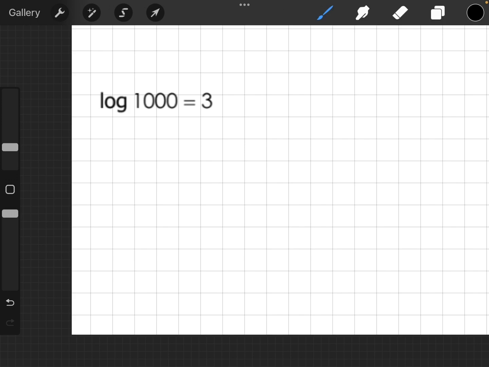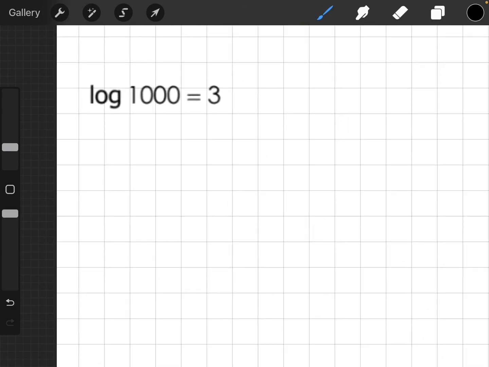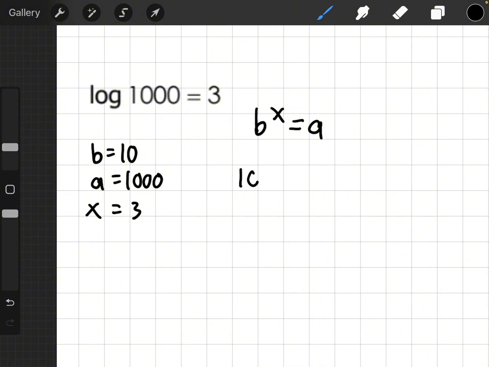Now we have log 1000 equals 3. When there's no base written, this is log base 10. So b equals 10, a equals 1000, and x equals 3. So we have b to the power of x equals a: 10 to the power of 3 equals 1000.